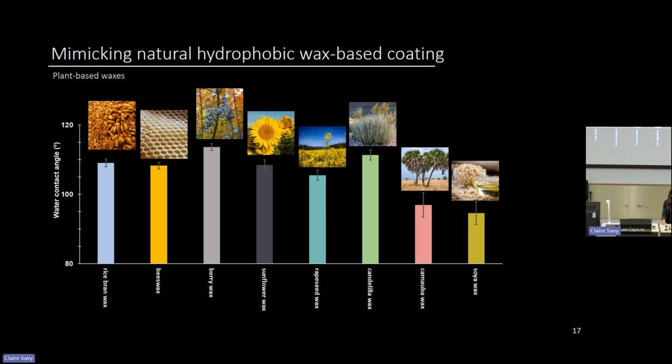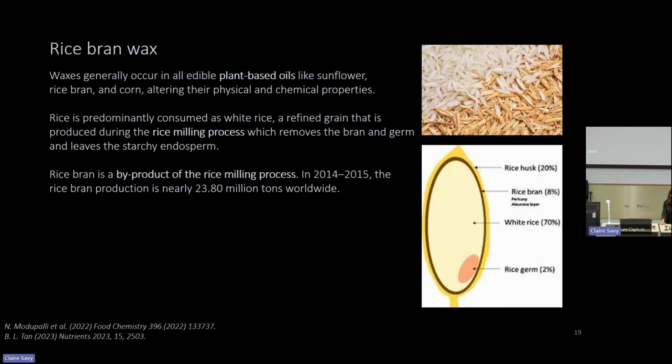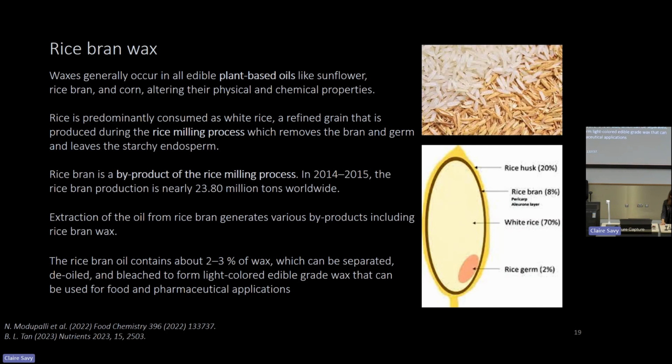So we started looking at waxes which are already available, and especially looking at rice bran wax. I'm just going to go a bit faster through this slide, but why rice bran wax? We use loads of white rice, but rice is not exactly white. So we get rid of lots of coating of rice to get to the white rice. And part of it is the rice bran.